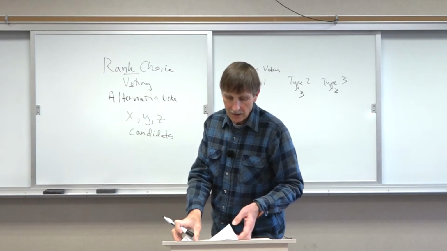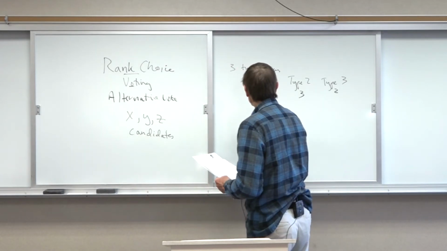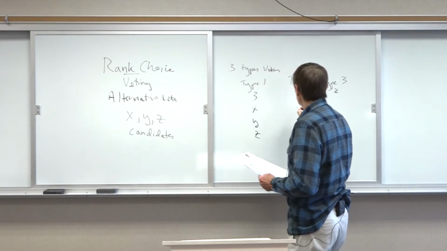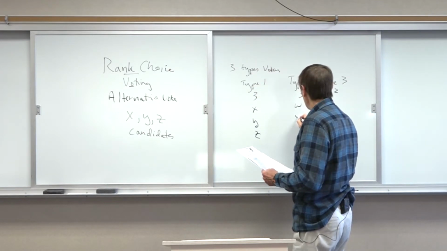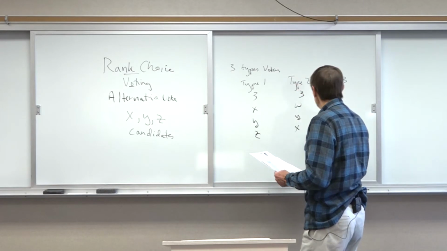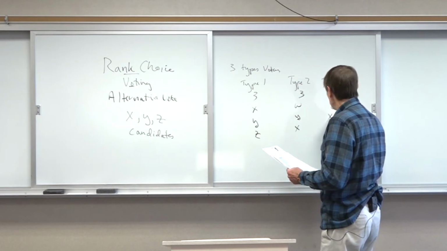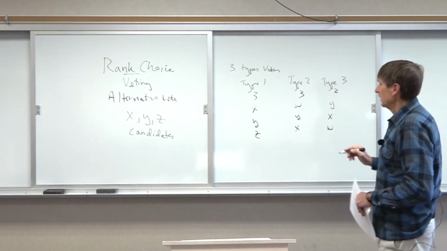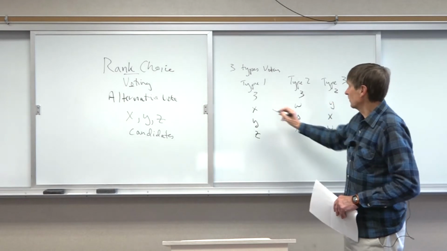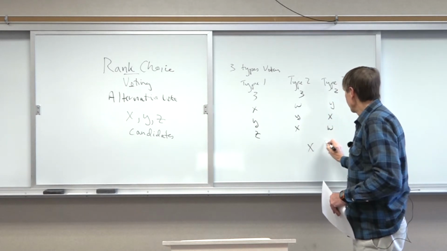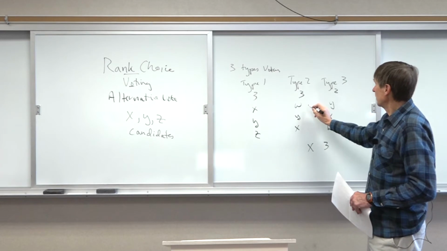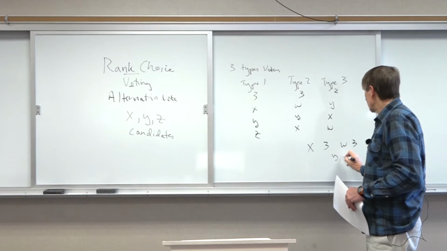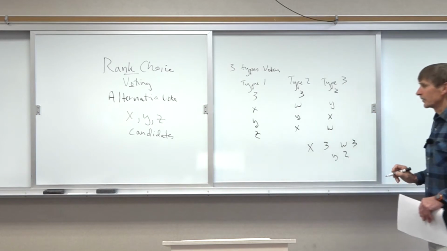And let's put their rankings down as X, Y, and Z, and then W, Y, and X, and then Y, X, and W. So if we take a look at that, then X gets 3, right? And W gets 3, and Y gets 2. Okay?